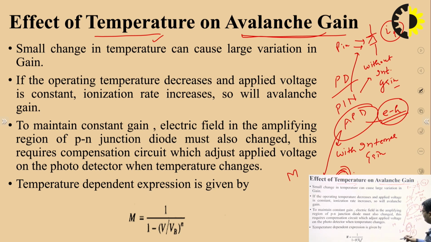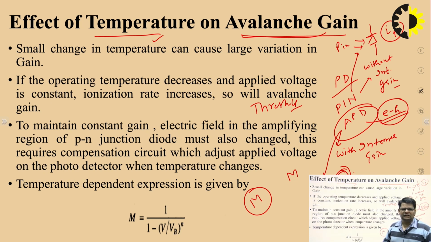Basically, with the change in temperature, this internal gain M should remain constant. But in the case of semiconductor we have seen that whenever there is a slight increase in temperature, especially when we are operating near the threshold, the performance can change drastically even due to a slight change in the temperature.